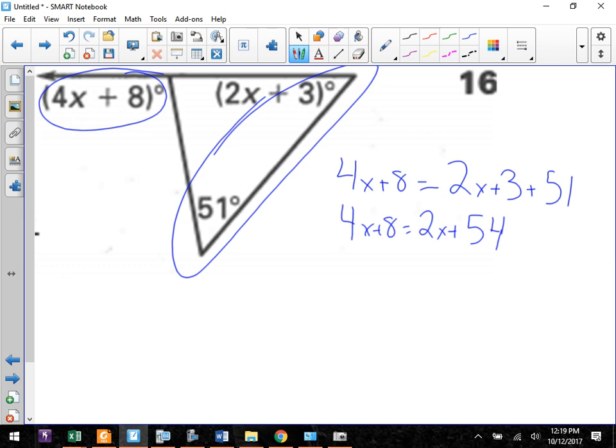All right. Now what do we do? Subtract 2x over to the left. I'm going to subtract the 8 at the same time. I get 2x is, what is that, 46, which gives you x of 23.